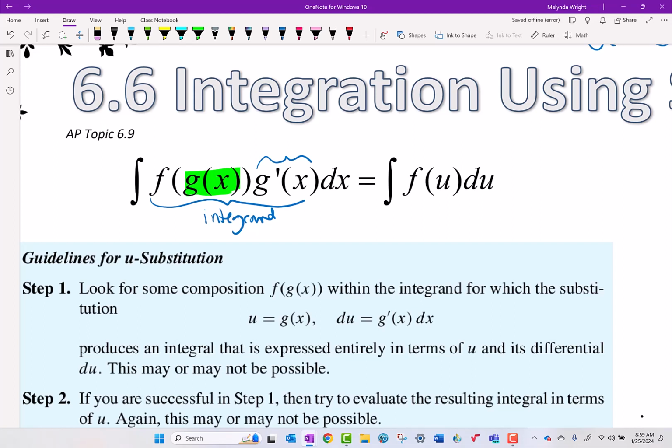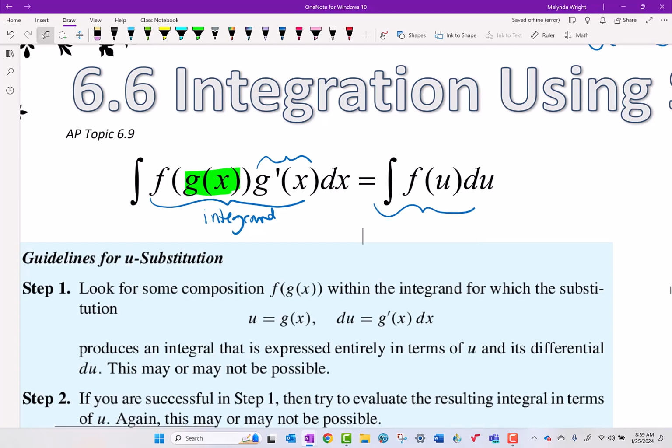When we have that scenario, we can make the substitution, again called U substitution, and it turns into a much easier problem to integrate. That's the purpose of U substitution, turning something into an integrand you can actually integrate.